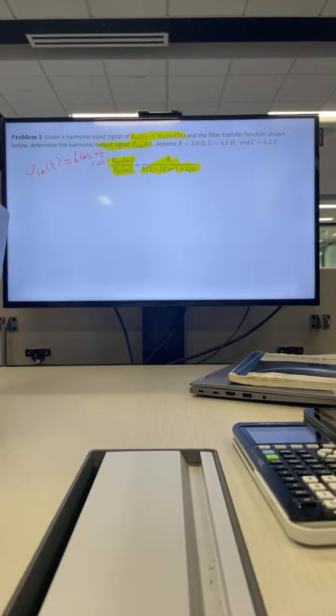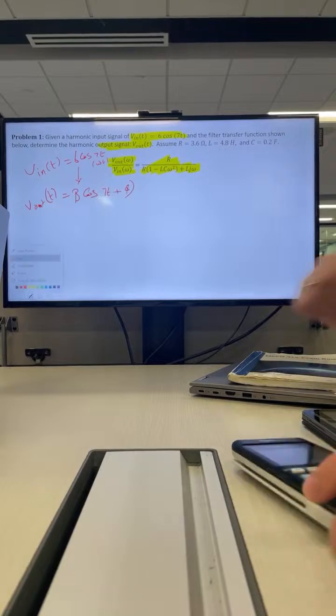And then V out of t should be, the amplitude is going to change, B, and cos of 7t, so omega t, plus phi, the phase shift.